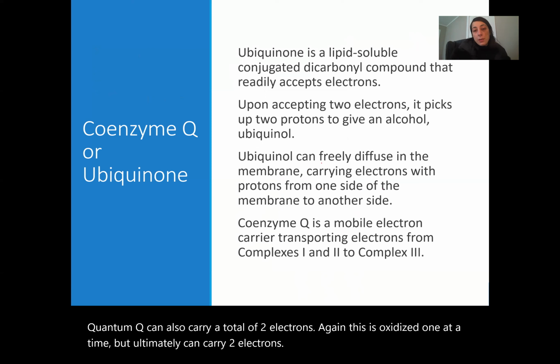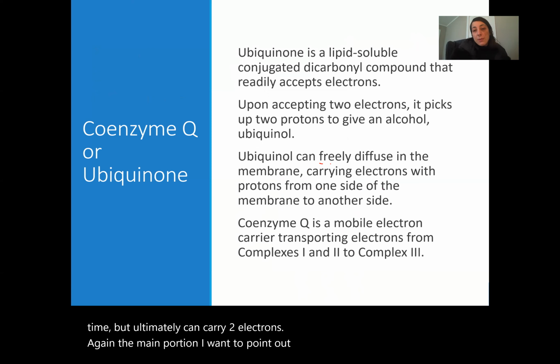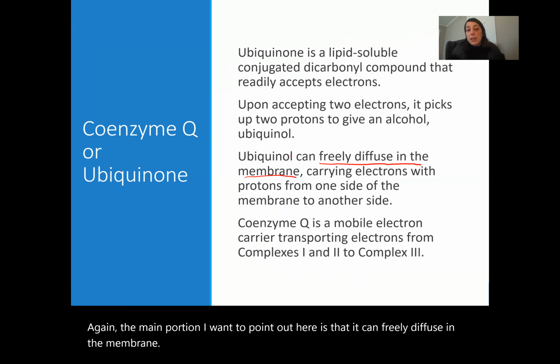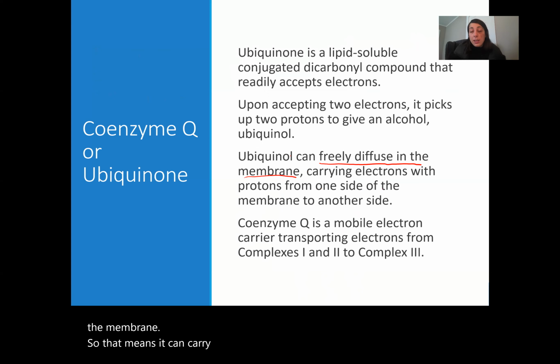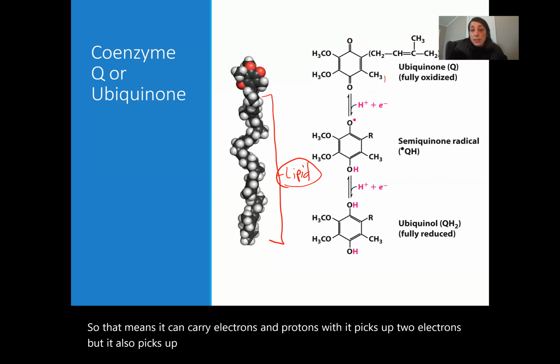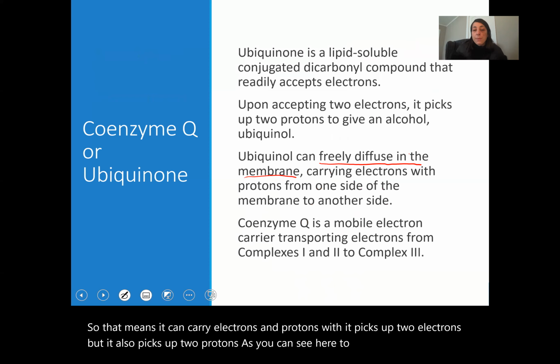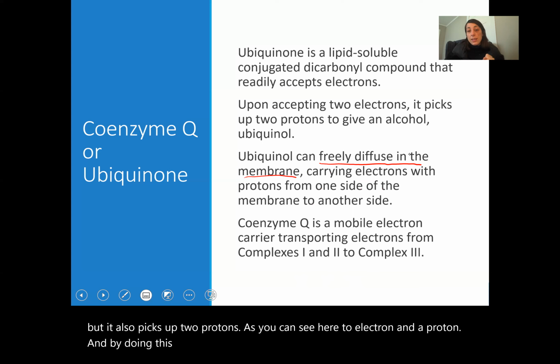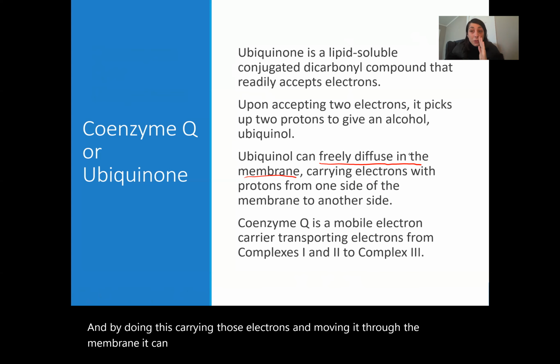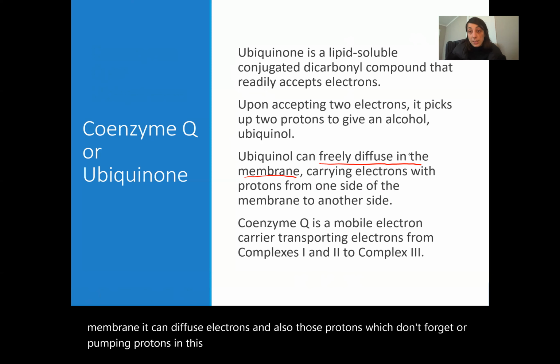Again, the main portion I want to point out here is that it can freely diffuse in the membrane. So that means it can carry electrons and protons with it. It picks up 2 electrons, but it also picks up 2 protons, as you can see here. It's an electron and a proton. And by doing this, carrying those electrons and moving through the membrane, it can diffuse electrons and also those protons, which don't forget, we're pumping protons in this process to the other side of the membrane.